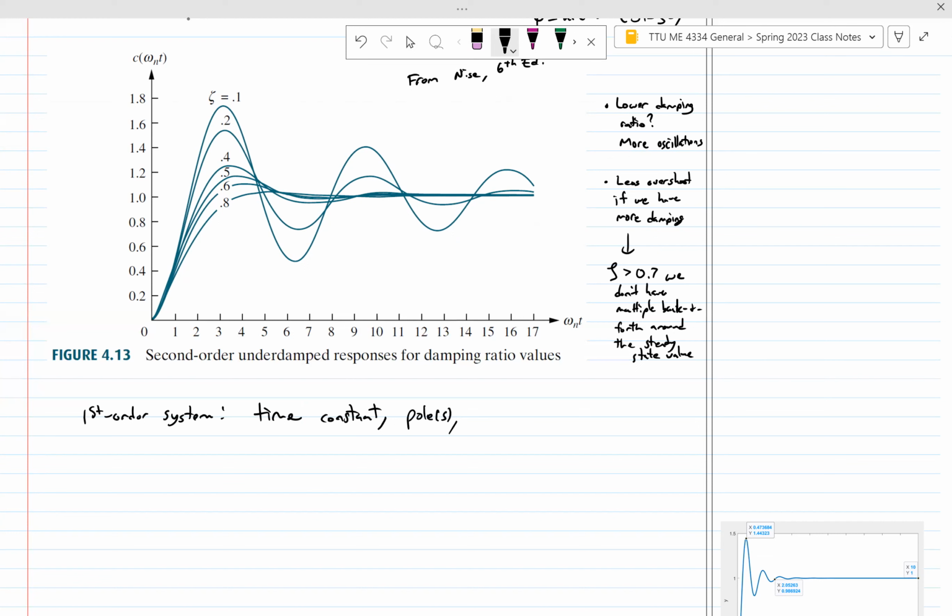Rise time, that's for second order system, right? Or no, we did talk about it for first order system. Rise time, the one I like the least, but that's one of them. What's one I like more than that? I talked a little bit more about it, maybe in the homework. Settling time. Maybe you also want to throw in steady state value here, but that's again true for everything, for a step response.